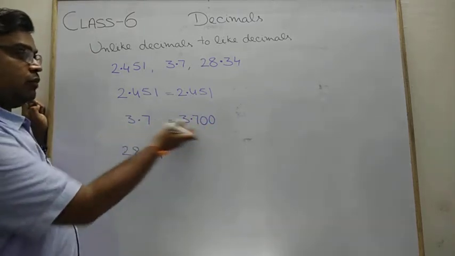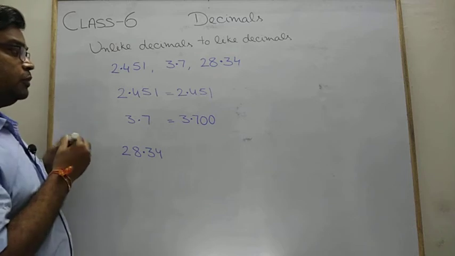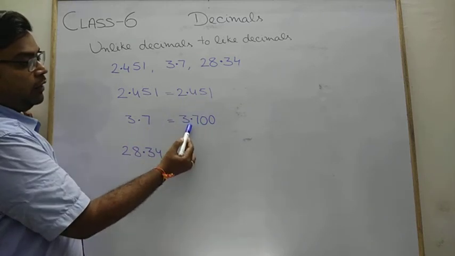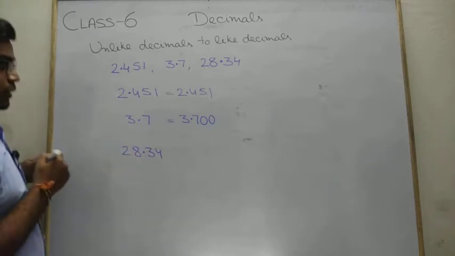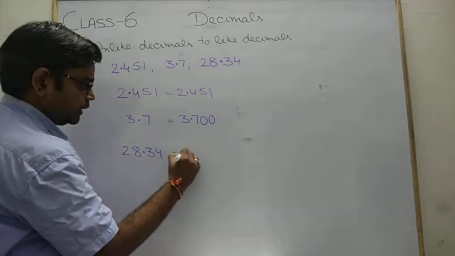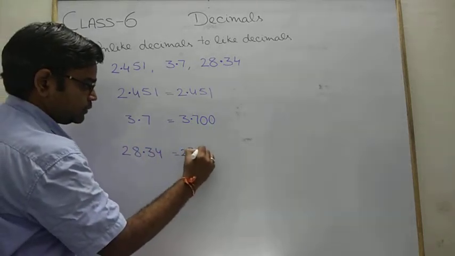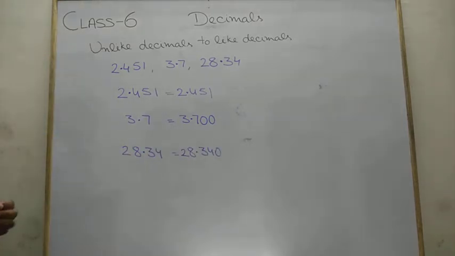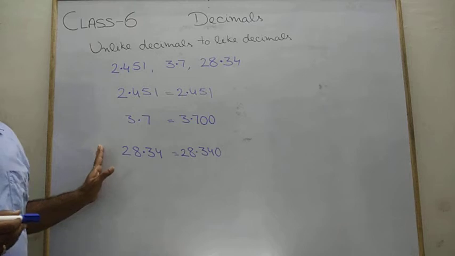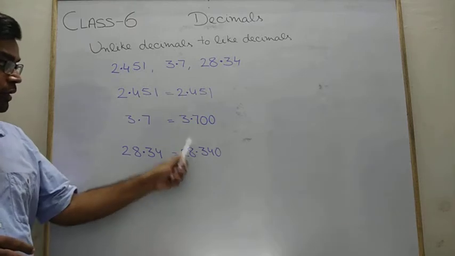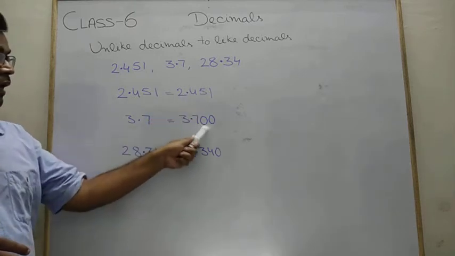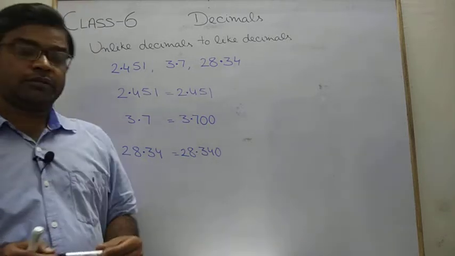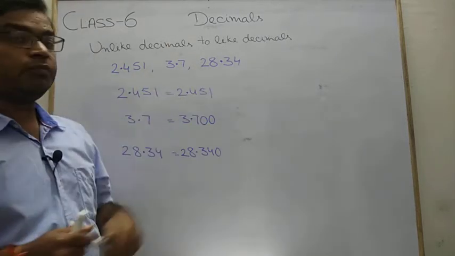So these are equal to each other, and if you observe, now these two become like decimals. After the decimal 3 digits, after the decimal 3 digits. Again in this case similarly we can write 28.340. Now all these are like decimals because after the decimal each number has 3 digits. So I think it's clear. It says that yes, convert unlike decimals into like decimals.